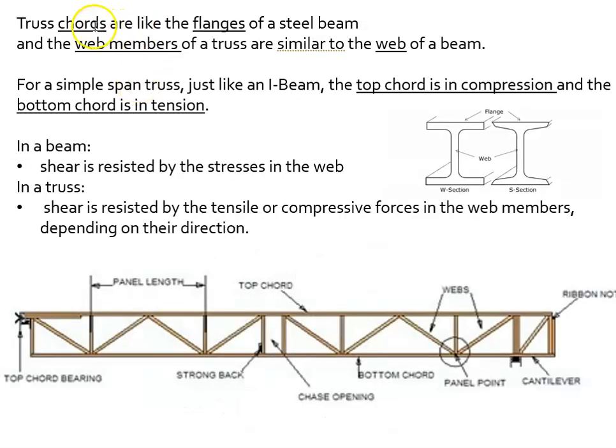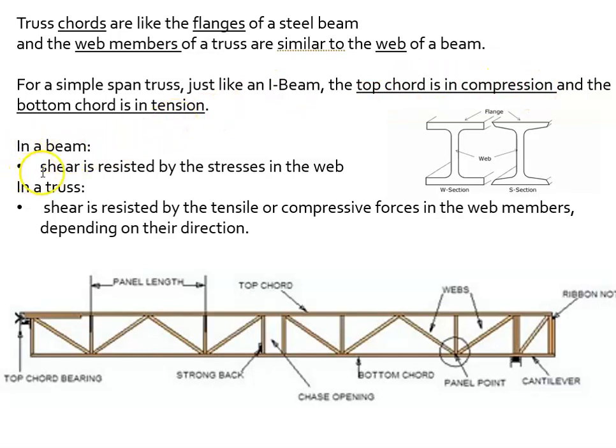So the truss chords, top and bottom chords, are like the flanges of the steel beam, and the web members of the truss are similar to the webs of the beam. Okay, similar. For a simple span truss, just like an I-beam, the top chord is in compression, the bottom is in tension.